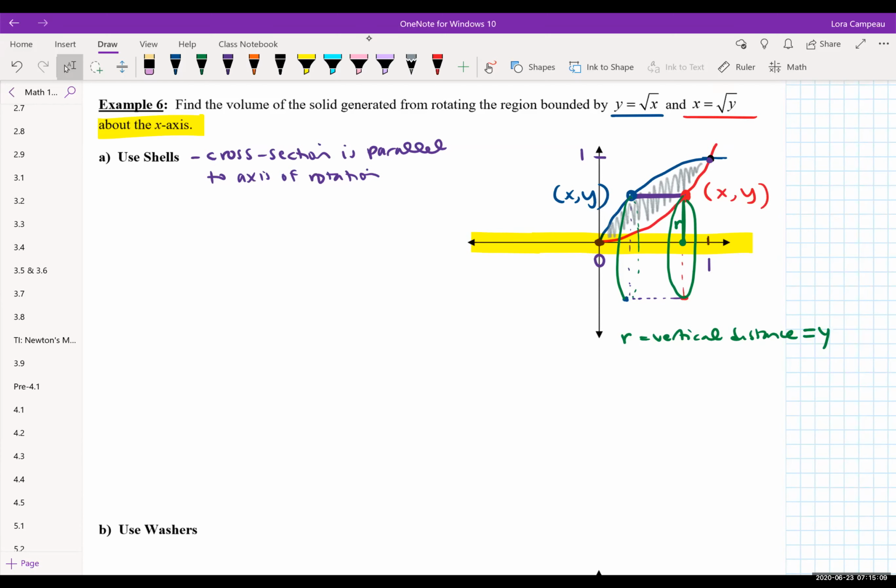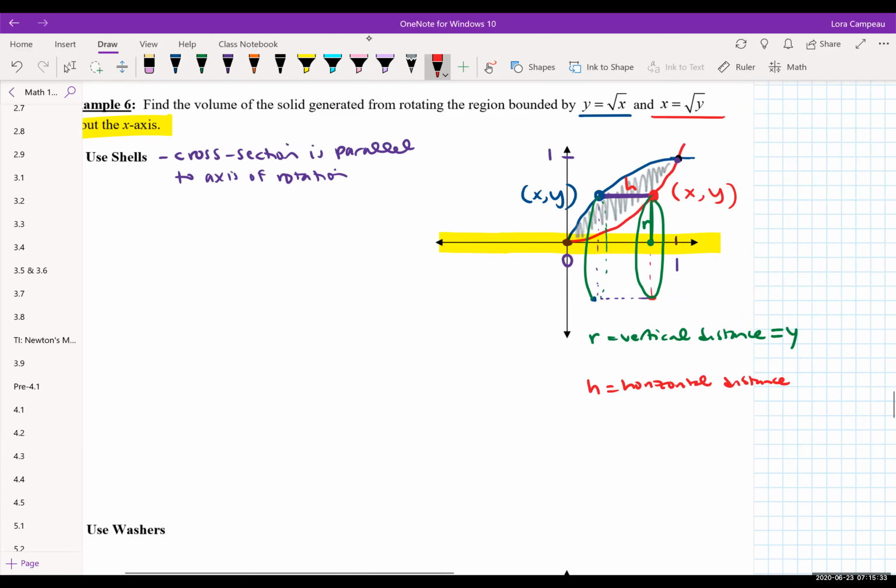The height is varying as well. The height this time is relating to horizontal distance. Okay, so height, horizontal distance.